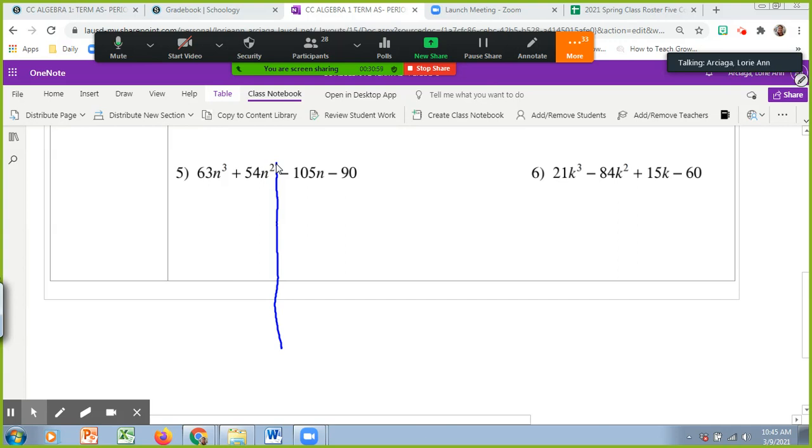Okay, here we go. GCF. What's the GCF? What number can divide 63 and 54? 9. 9 what? X squared. Very good. I'm going to put n squared. Awesome. All right. Divide.